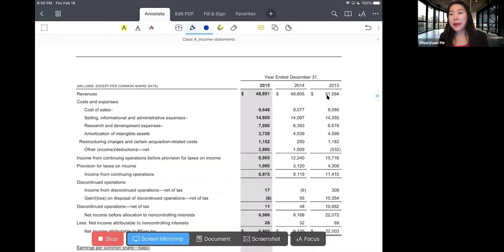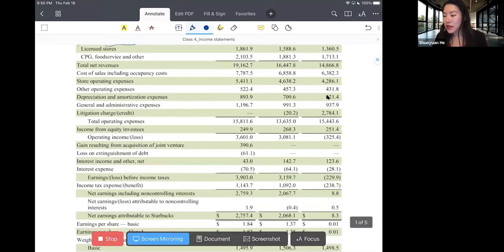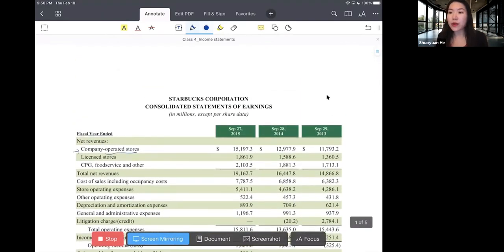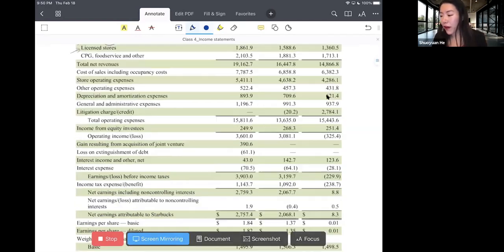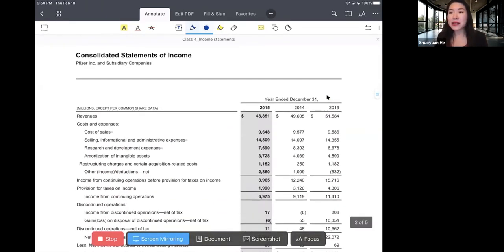Because why? Because the business models of those two firms are different. For Starbucks, one of its major revenue source is company operated store revenue. Another revenue source is licensed store revenue. But for Pfizer, because of the difference in business model, Pfizer is not going to have company operated store revenue or licensed store revenue.